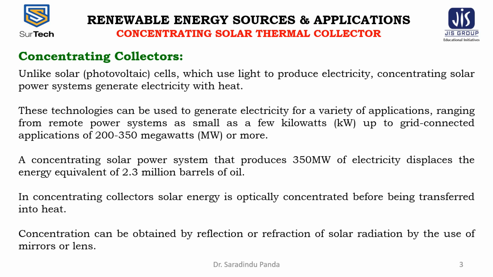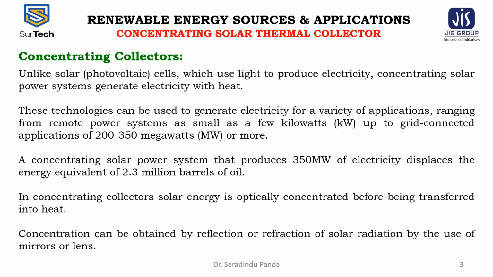Concentration ratios, such that the ratio of the aperture to the absorber areas, can vary over several orders of magnitude, from as low as unity to high values of the order of 10,000. Increased ratios mean the increased temperatures at which energy can be delivered, but consequently these collectors have increased requirements for precision in optical quality and positioning of the optical system.